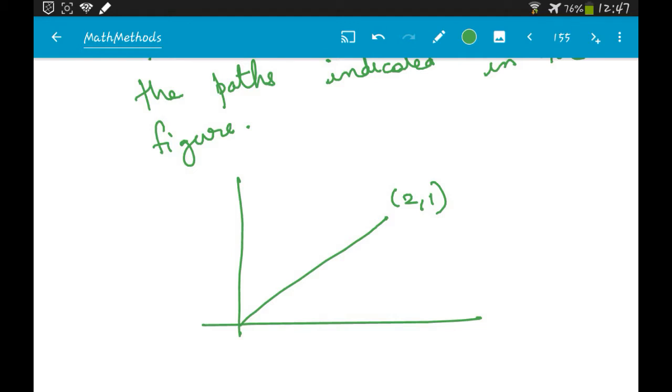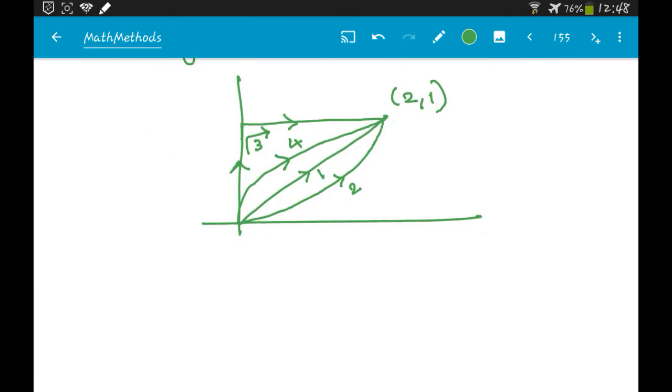This is the first path, this is the second path, this is your fourth path, and this is your third path. The third path is a broken line.